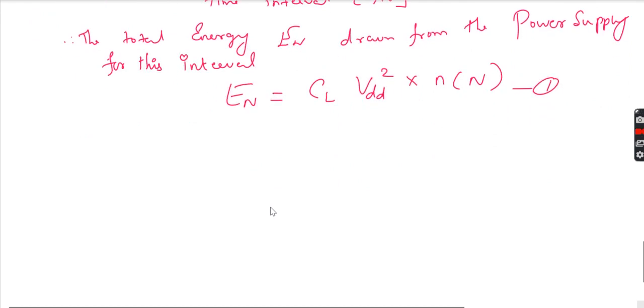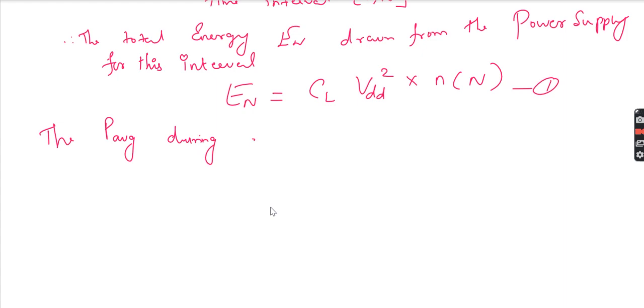Now what I need to do? You have to go for the average power dissipation, that is P average, during an extended interval.